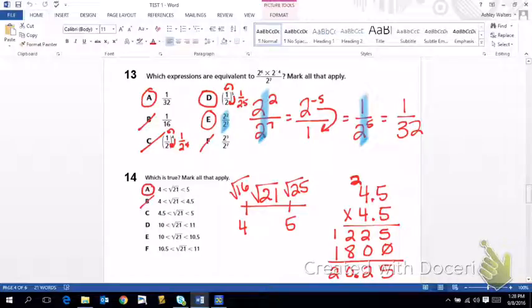But C says that the square root of 21 is greater than 4.5 and less than 5, so that's a true statement. Indeed, they made the mistake of just dividing the 20 by 2 to get numbers to be between. It's not going to be between 10 and 11 because 10 squared is 100 and 11 squared is 121. So it also can't be between 10 and 10.5 or between 10.5 and 11.